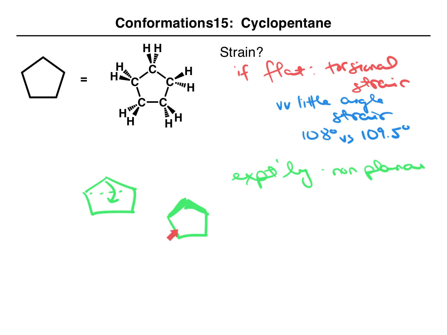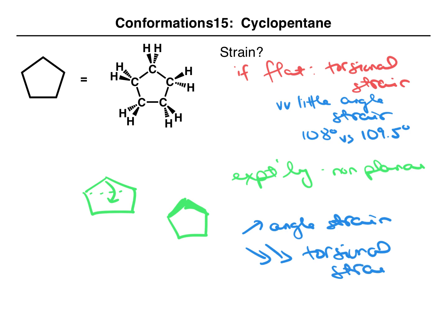Now, some of these carbons are still in the same plane, and so there will still be some torsional strain, but because this one is out of the plane, that is going to relieve some of the torsional strain. So this is another example where the molecule will accept an increase in angle strain in order to relieve some torsional strain.